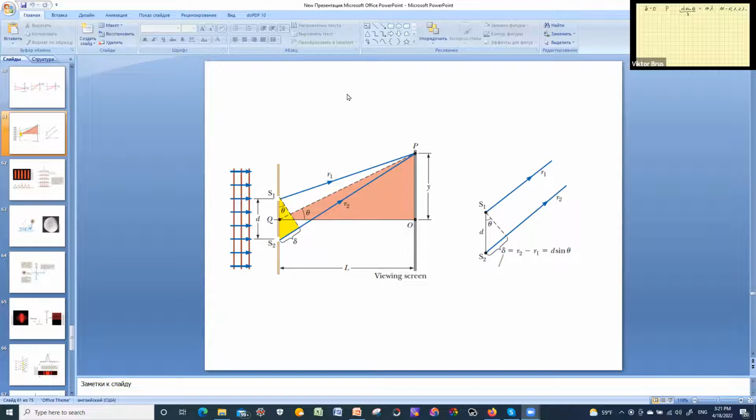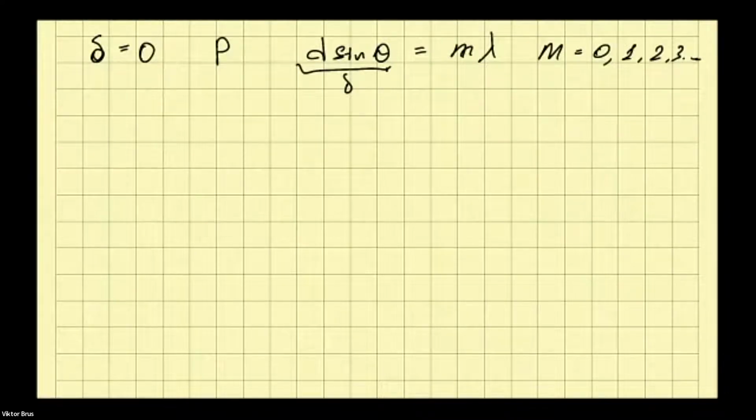Now let us write also the condition for destructive interference. So in this case, this path difference delta should be some odd multiple of lambda divided by 2. So in this case, we can write the following. Let's write here bright, so that is the condition for constructive interference.